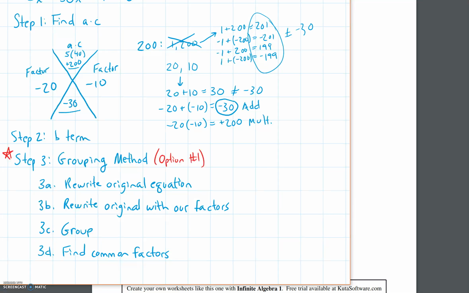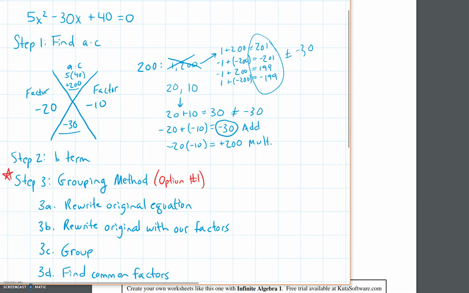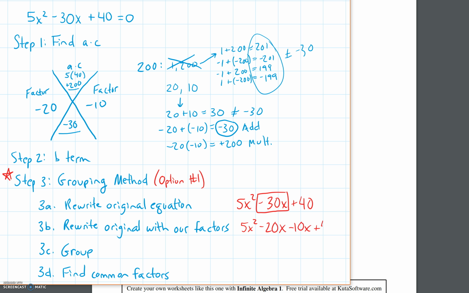In the grouping method, the first thing we do is rewrite the original equation. The original equation was 5x squared minus 30x plus 40. We can rewrite this as 5x squared minus 20x minus 10x plus 40.